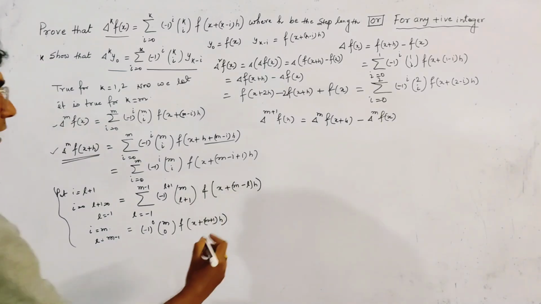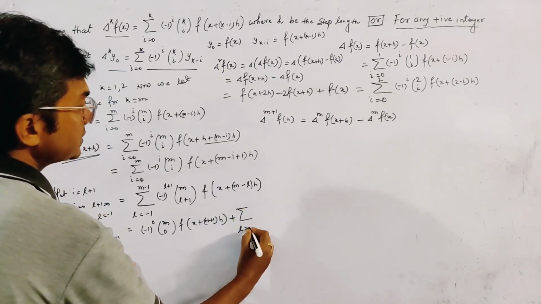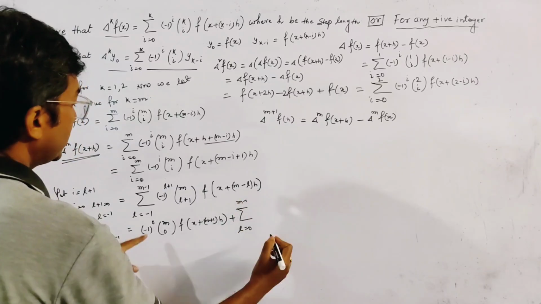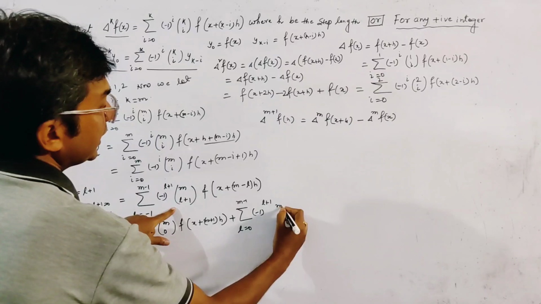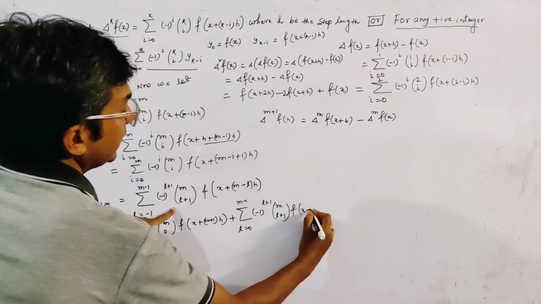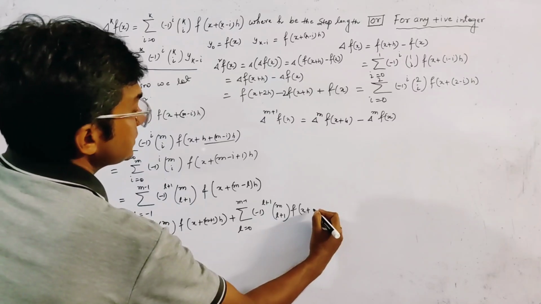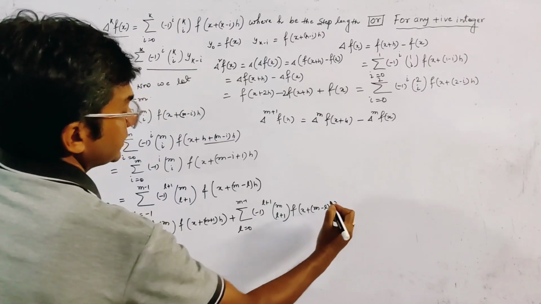Okay, and the remaining term in the summation, that is L equal to 0 to m minus 1, minus 1 to the power L plus 1 mC(L+1) into f of x plus m minus L into h.